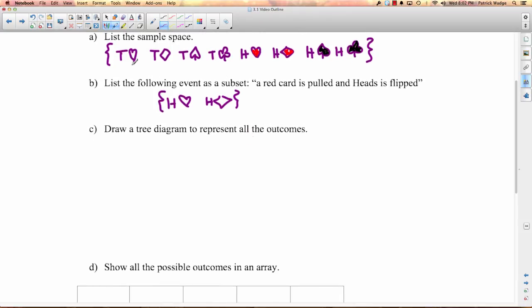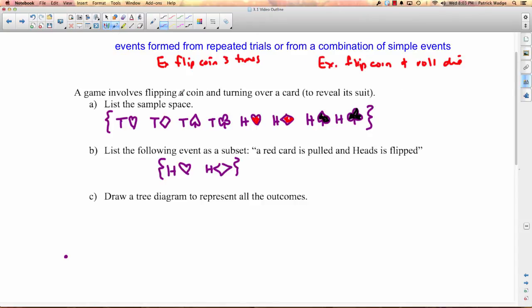Draw a tree diagram to represent all the outcomes. So I mean, we have all the outcomes up here, but just to practice doing your tree diagrams, because as I said before, many people have troubles with this, I start with a dot and I think of one of the things. So I either think of flipping a coin, or I think of turning over a card. Don't do this. This is wrong. Coin, card. That's wrong. You're going to think of one of those two things to start.